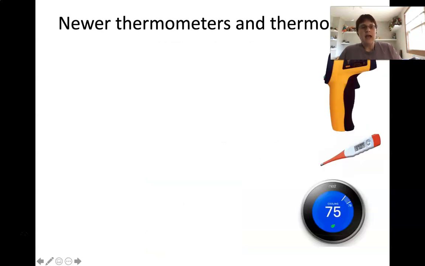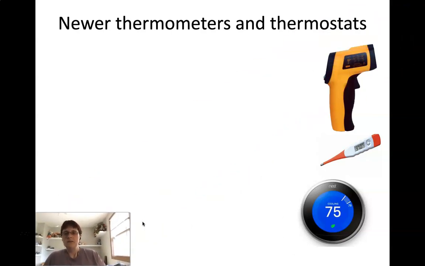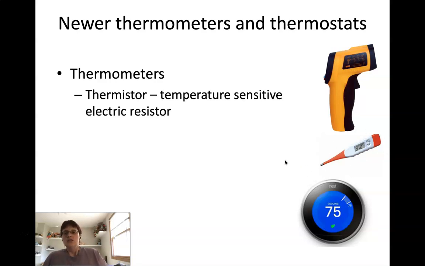So what do we use now? Today we actually have some different types of thermometers and thermostats, because my guess is that most of you don't use an alcohol-based thermometer to take your temperature. You probably use something a little more like this. Thermometers today are actually based on thermistors. These are temperature sensitive electric resistors.